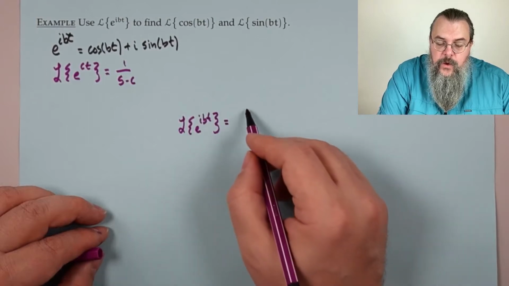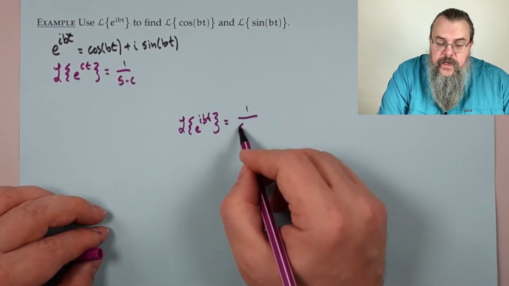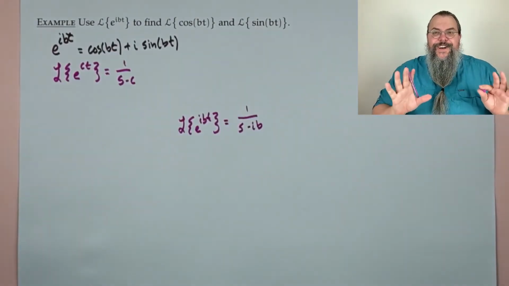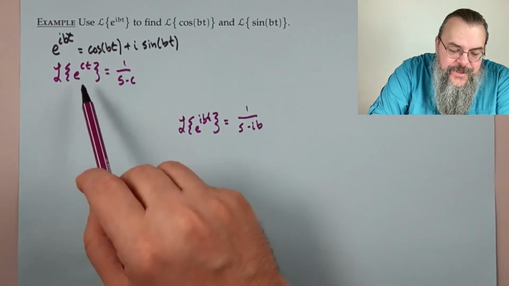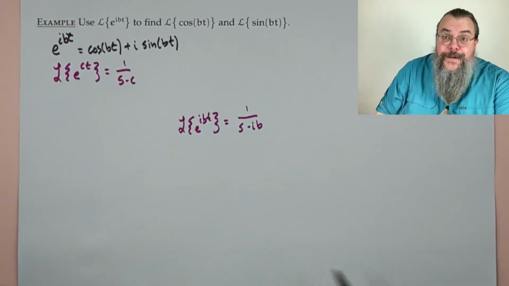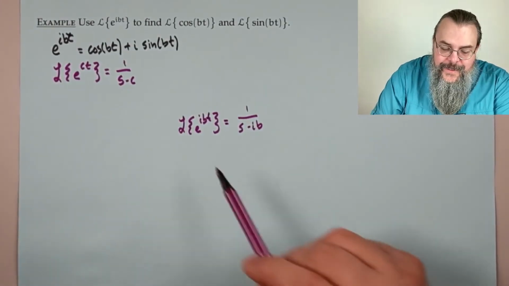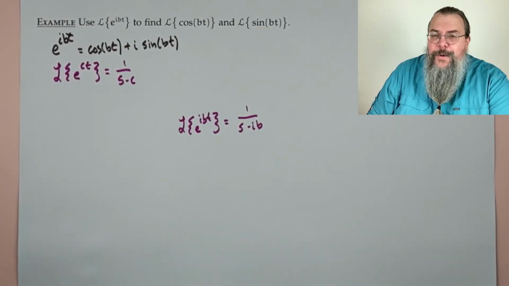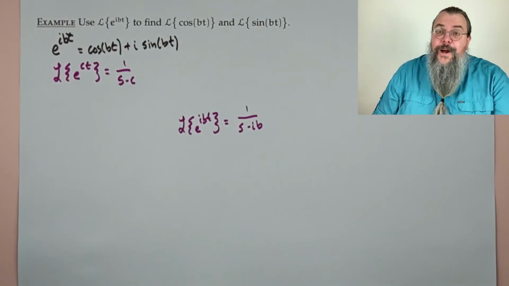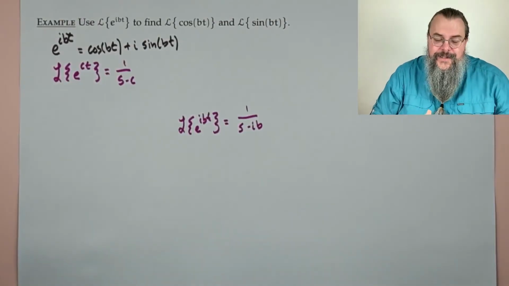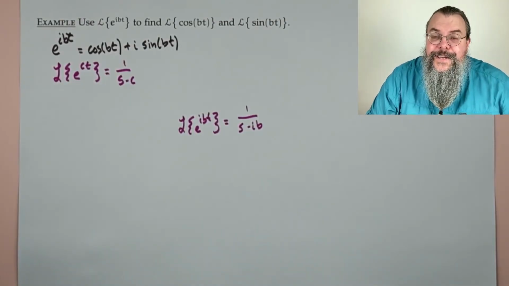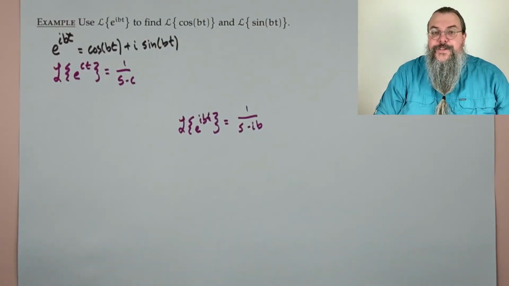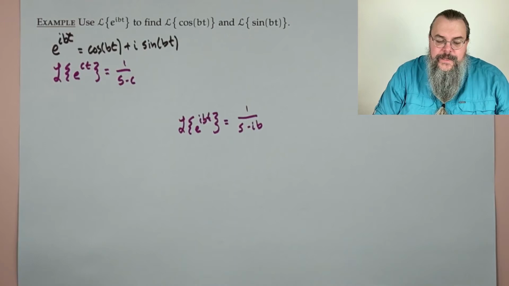That's equal to 1 over s minus ib. Now this one you might say, whoa, hold on. That was for c a constant. Yeah, that's right. That is for c a constant. What about ib? That's a constant. You might say, but wait, isn't that complex? Right. We never said that c had to be real. And indeed, it works for any complex value for c.